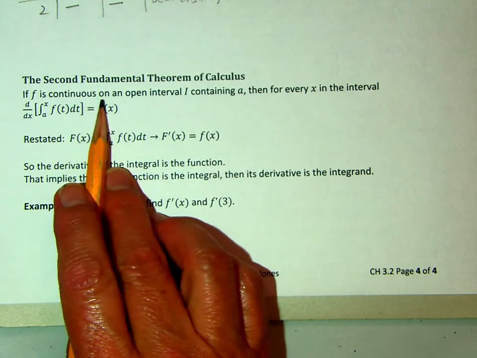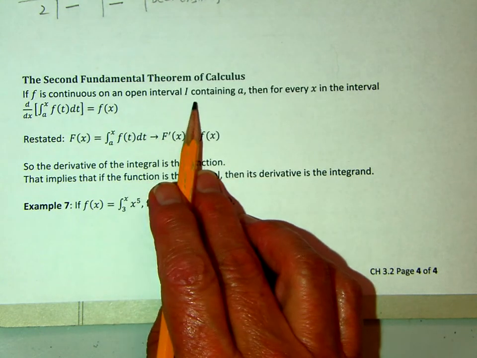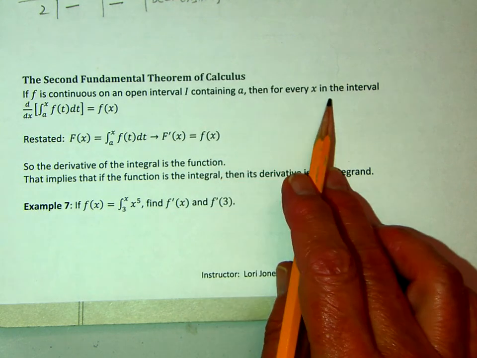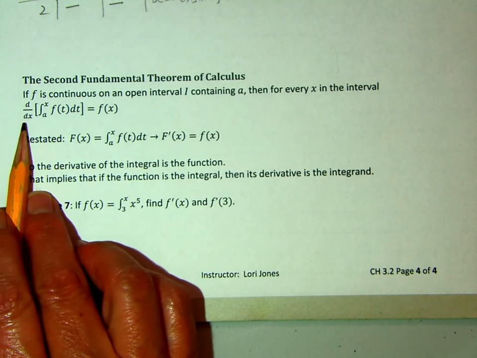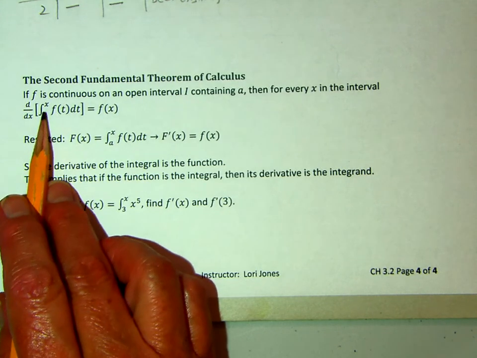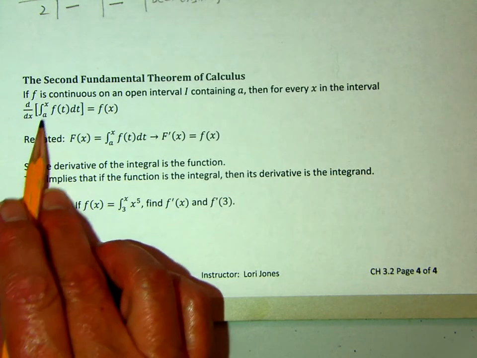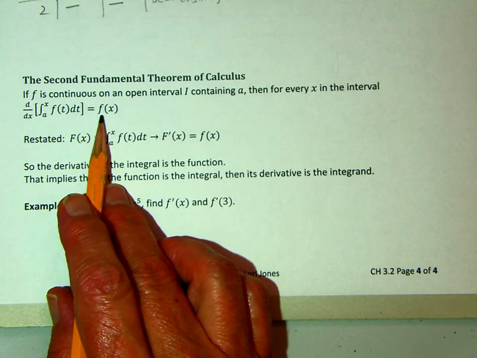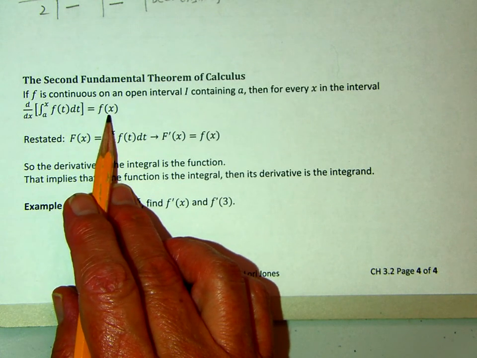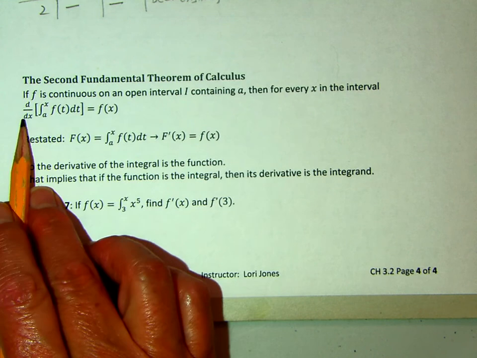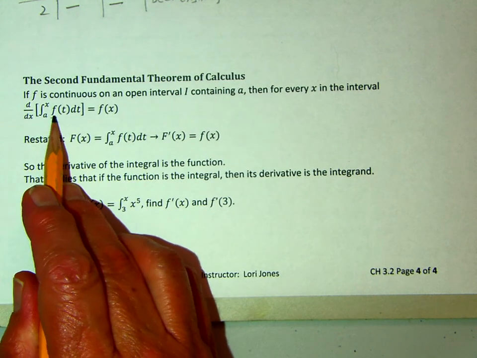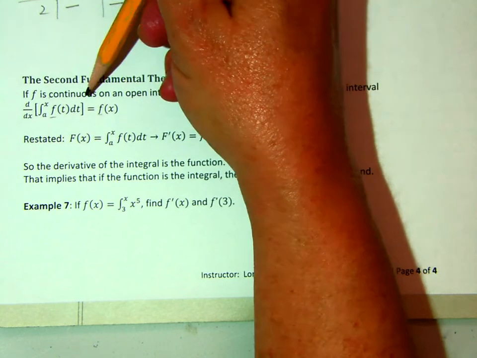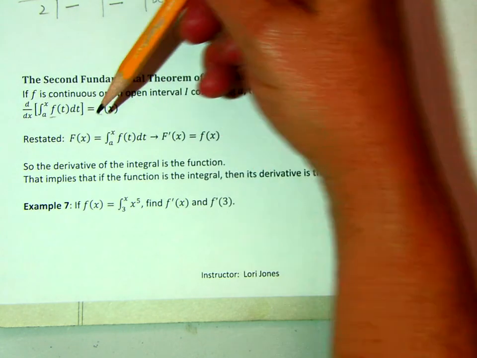If f is continuous on an open interval I containing a, then for every x in the interval, the derivative of the integral from a to x of f of t dt is the function evaluated at x. The derivative of the integral, notice this is the same function. By that limit of integration, we have just changed the variable.